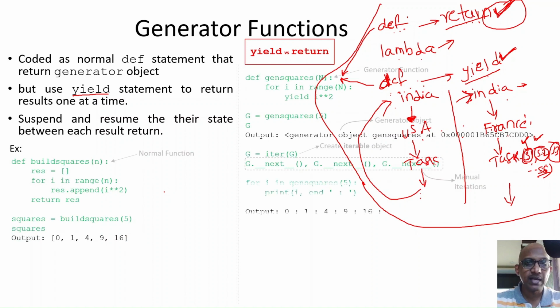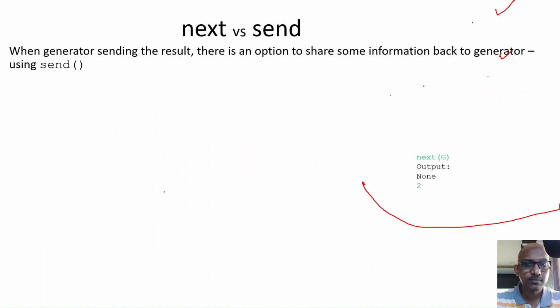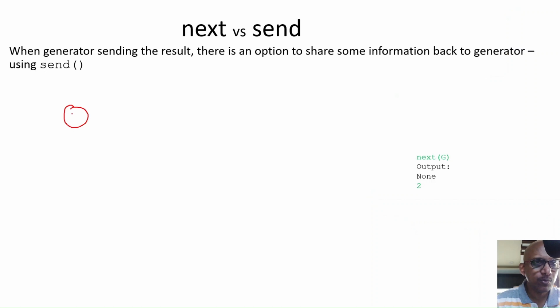Okay. So the simple example is, let us take an example. For example, you have a football in your home. Some of your friends are playing in the ground. Football is present in your home.